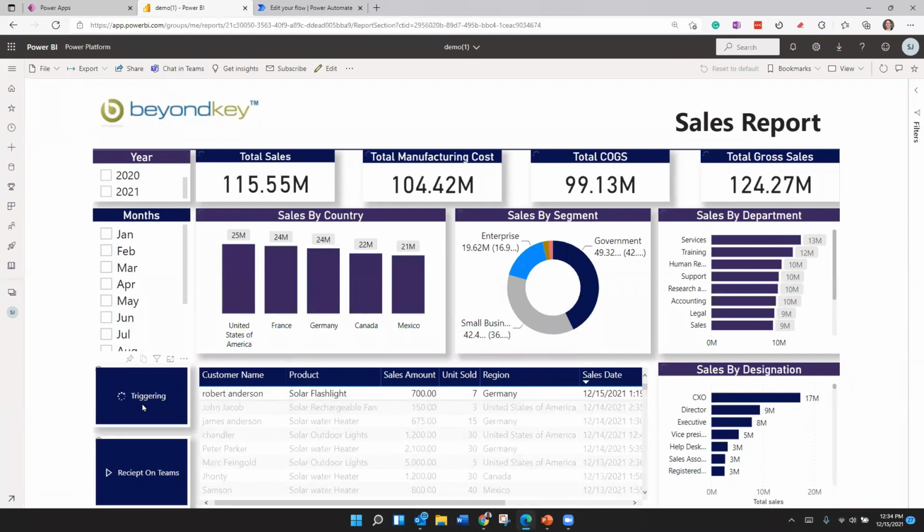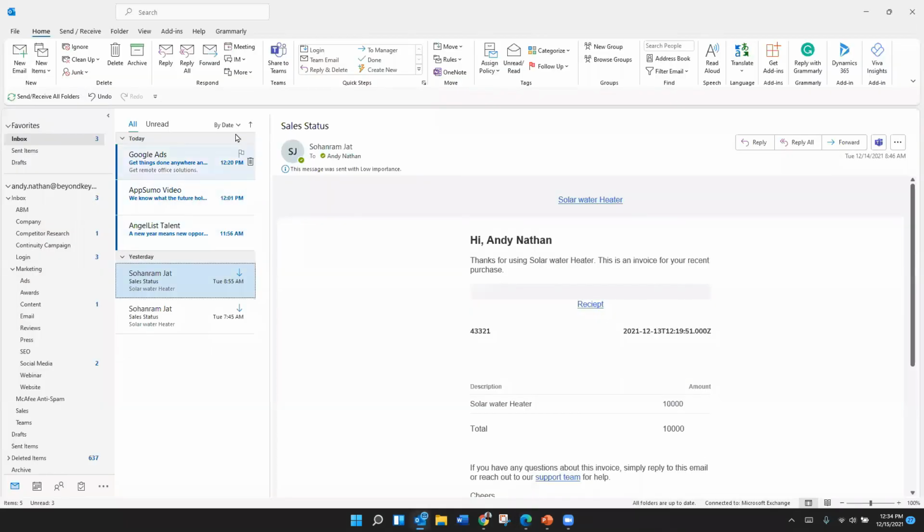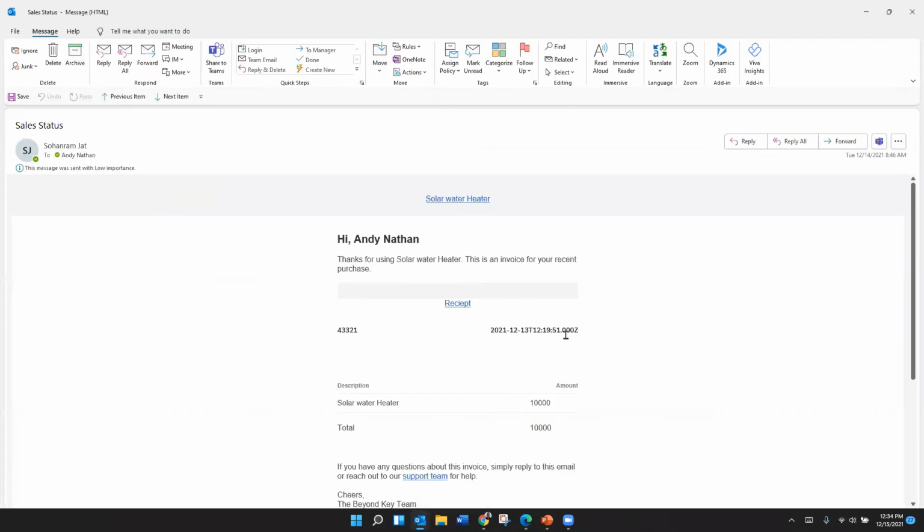And all it does is I click on that. You see where it says triggering right now? It's actually triggering an email, sending a receipt to them. So what that would look like, and sorry, I got a few more emails since this came in, what that looks like is something like this.